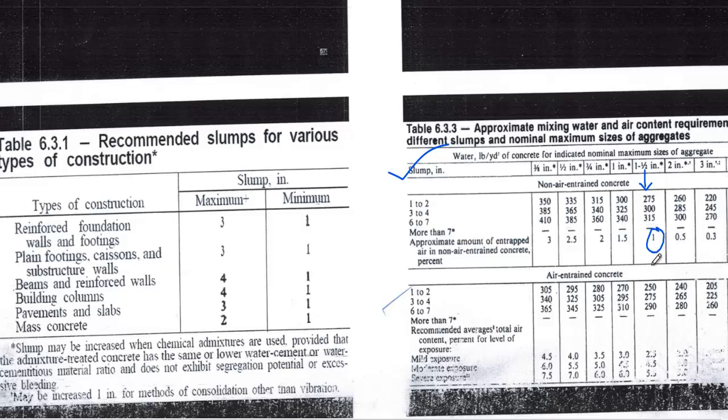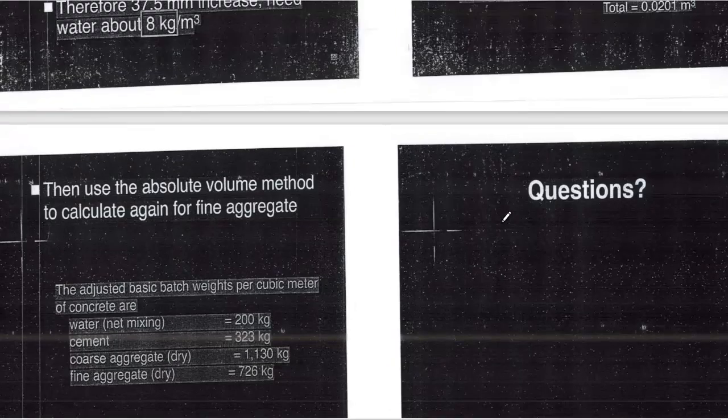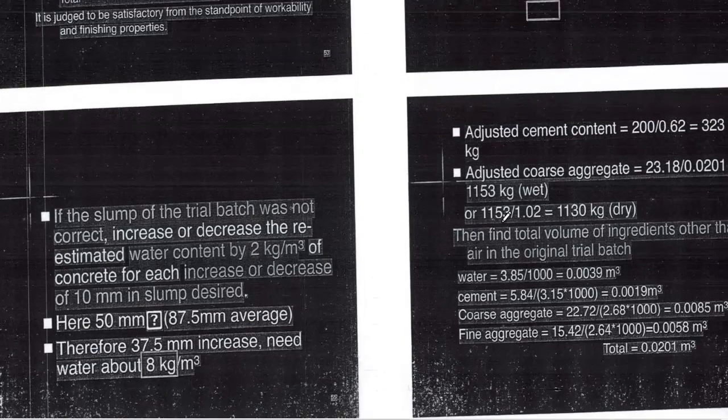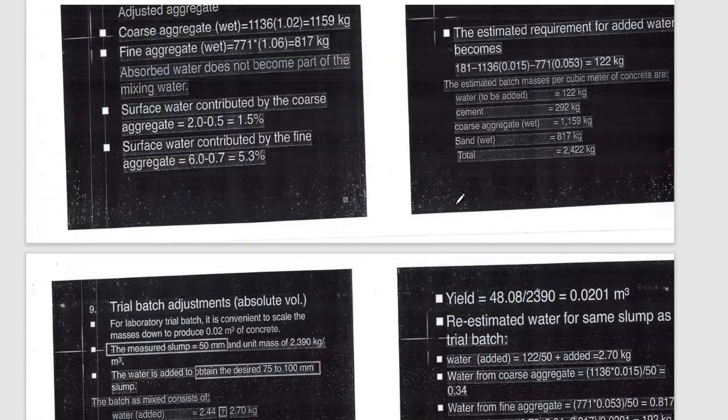They consider 1% entrapped air. That's why we consider this portion, where 1% is air. So now it is understandable how we consider the amount of water? Yes, sir. Now it's okay.